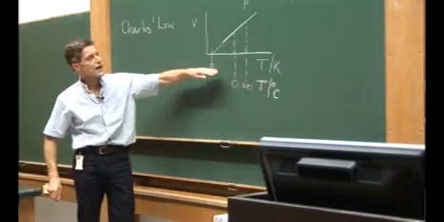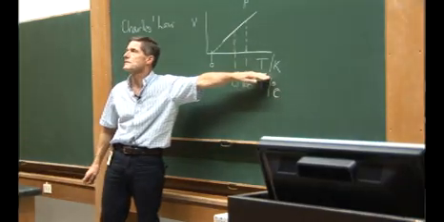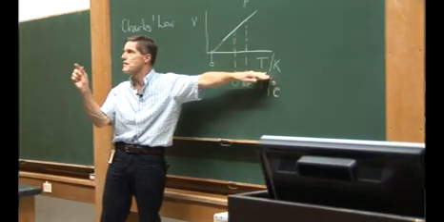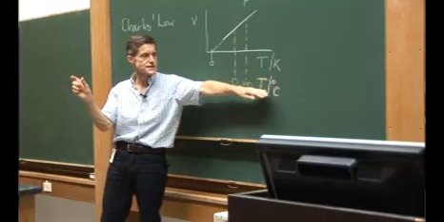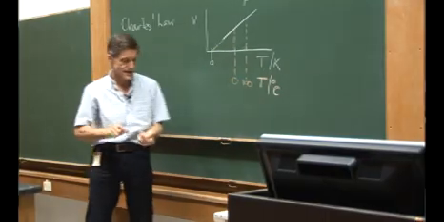We find that on the Kelvin scale, a degree Kelvin is the same magnitude as a degree centigrade.